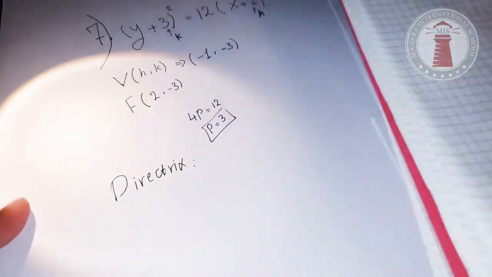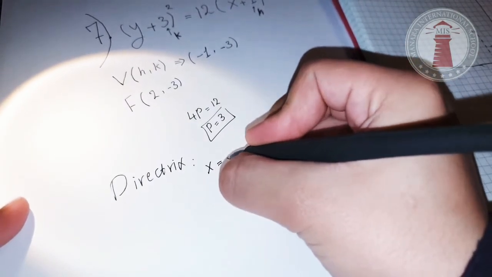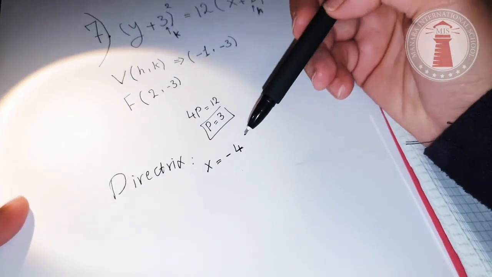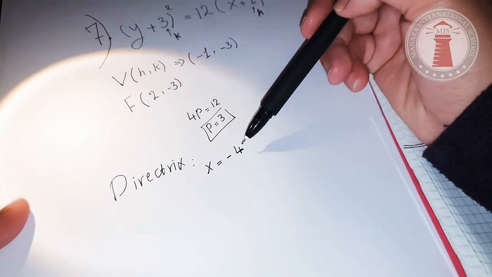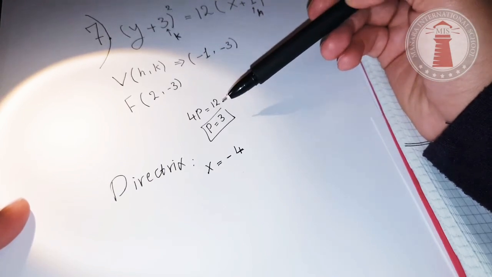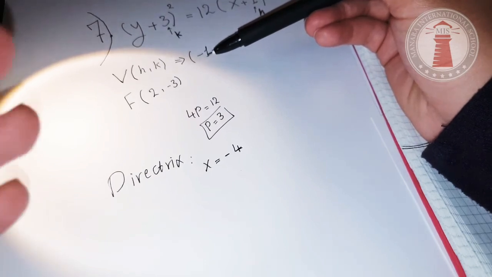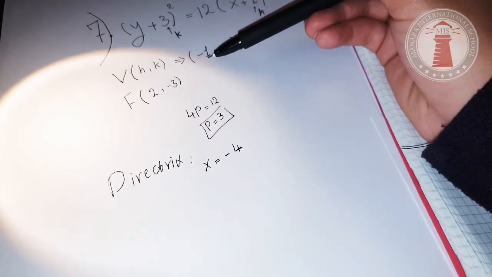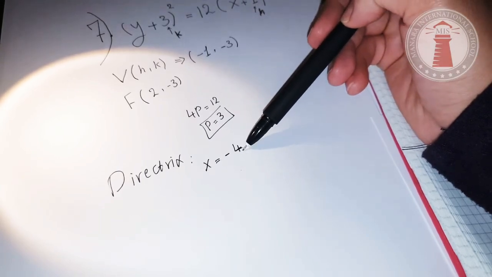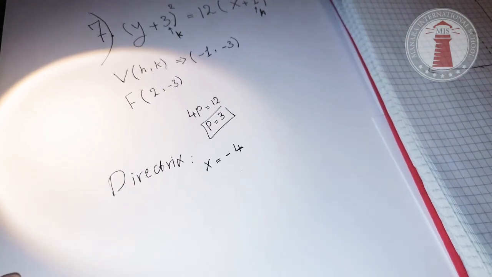So this is our directrix equation, x equals -4, which is basically found by doing this: it is -1, which is the point where the vertex is. Because we're moving left, we subtract 3 steps. So -1 - 3 gives us -4. That's if you're doing it without graphing. But graphing always makes it easier.